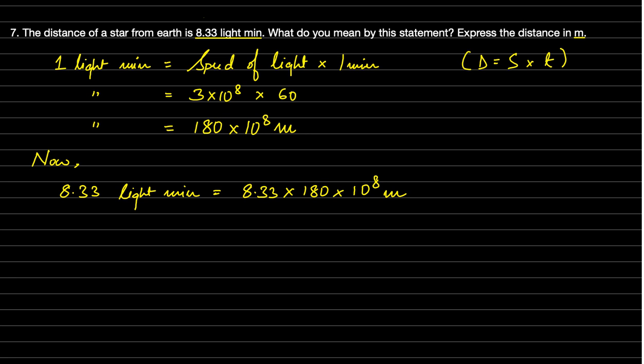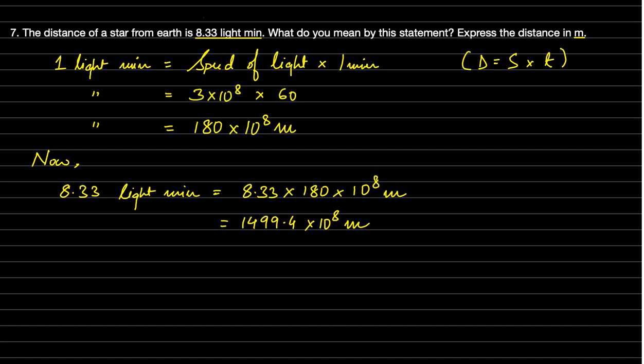So 8.33 into 180 gives us 1499.4 into 10 to the power of 8 meters.